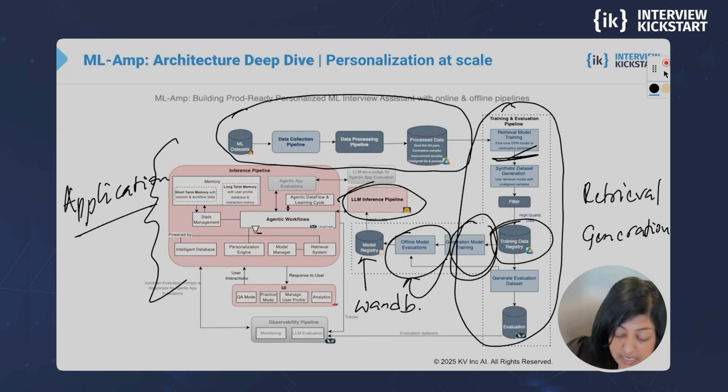This shows the LangGraph workflows in the QA mode and the practice mode with the 7 or 8 agents all working in close coordination with each other to deliver personalization at scale, adapting to the learner's skills and their evolving needs.